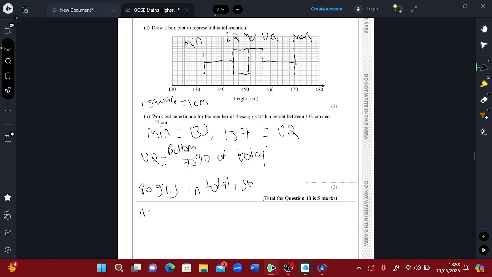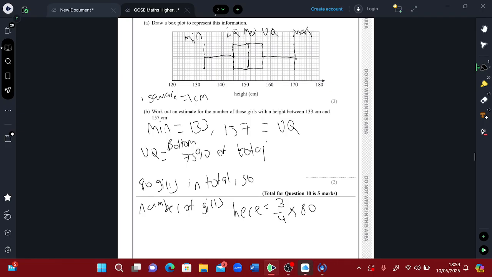So the number of girls between 133 and 157 encompasses the bottom 75%. So that's going to be 75% of 80, right? Now 75% is actually 3/4 of 80, or 0.75.